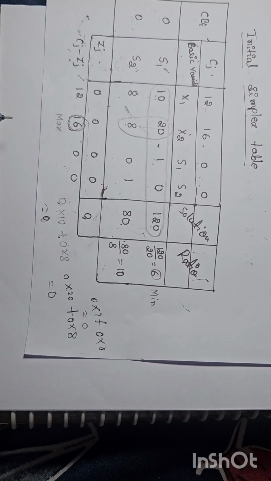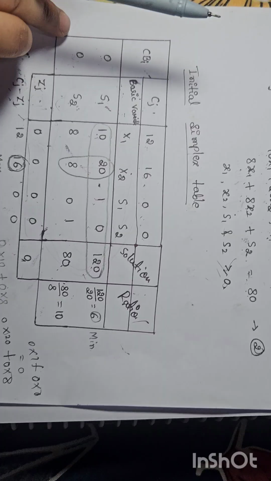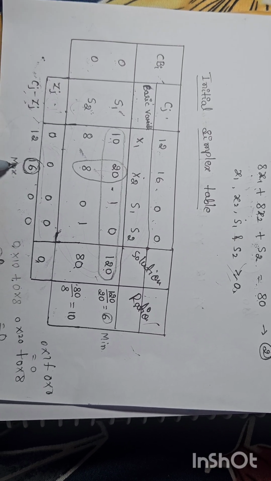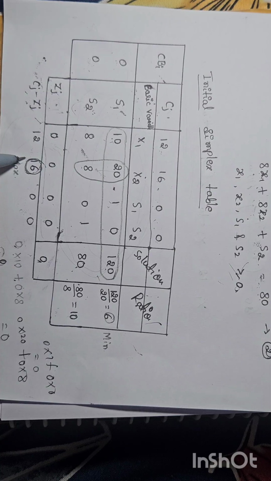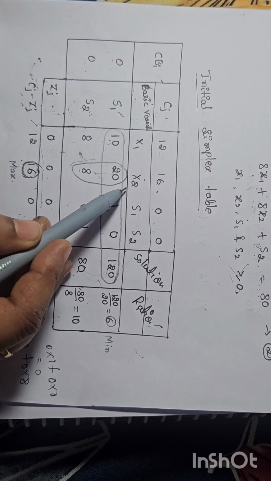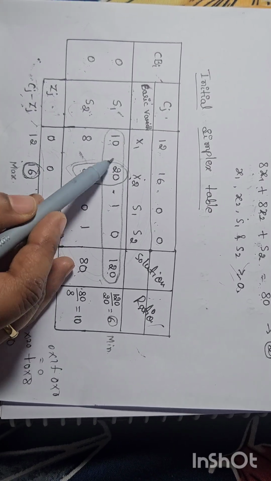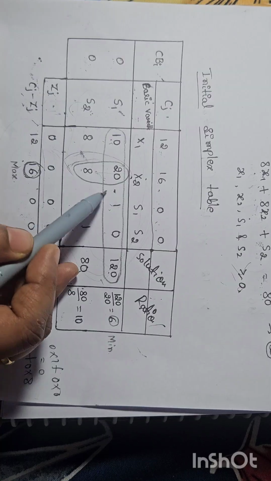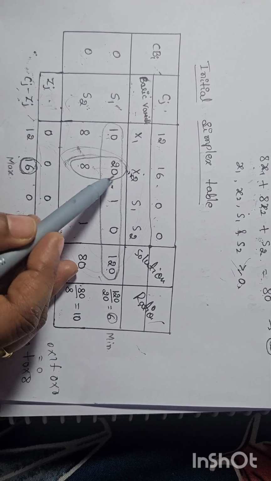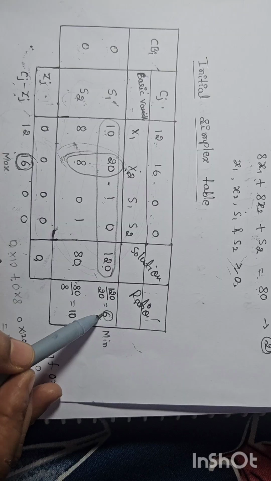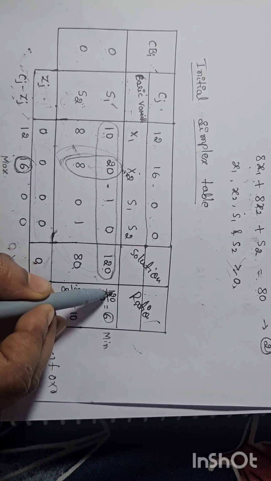Here we need to pick the maximum value. The maximum value is 16. So we need to mark that column, and we consider it as the key column. After marking the key column, we need to find the ratio here. Look at the solution, that is 120.